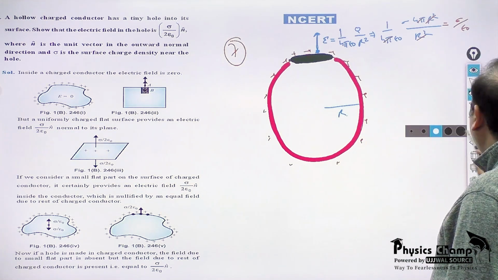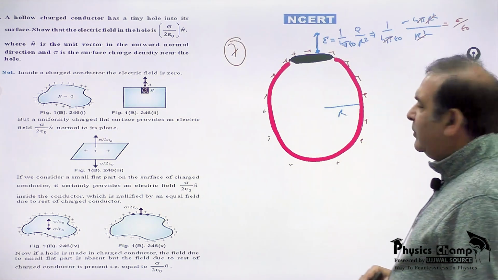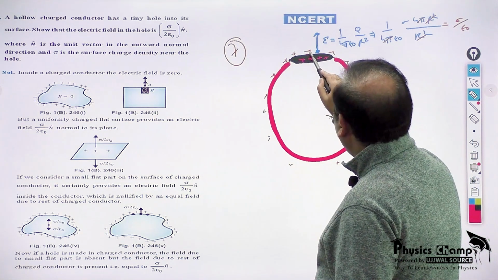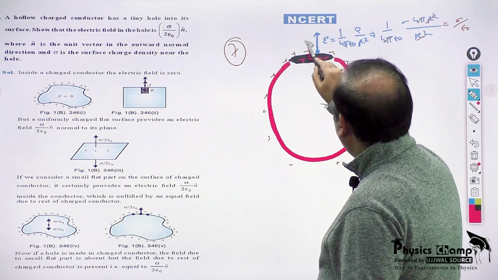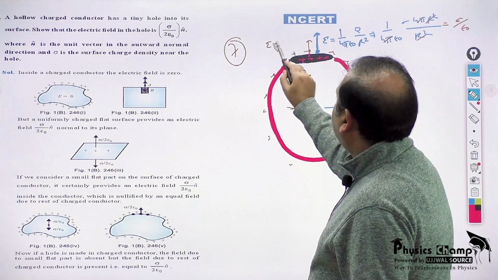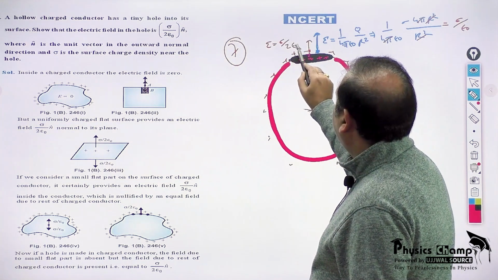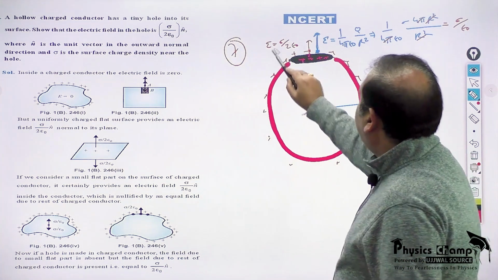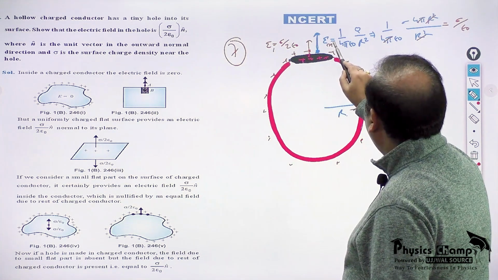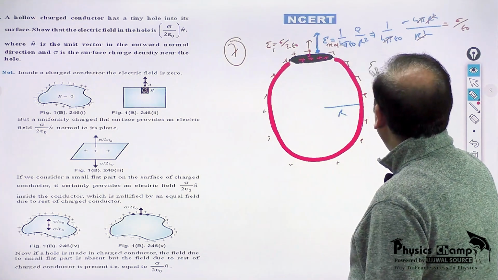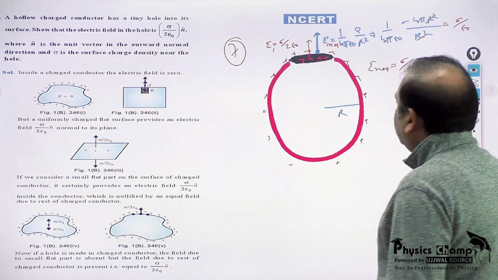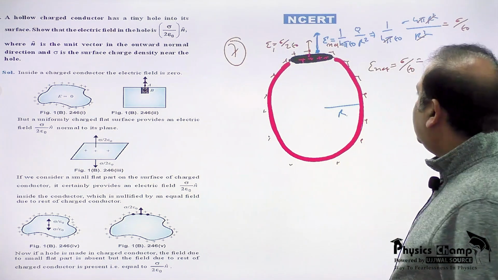Charge density is the same everywhere. Now due to this small part with the charge density sigma, the electric field here would be sigma by 2 epsilon naught, where the net electric field is sigma by epsilon naught. So this net electric field would consist of two parts.